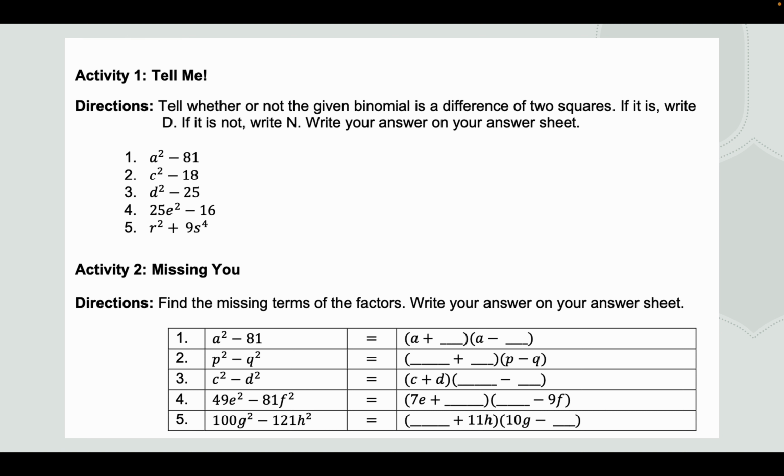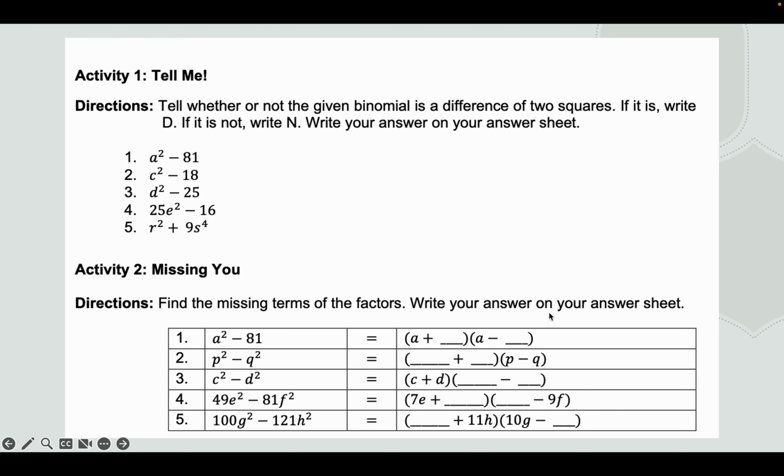Now, if you are my student, I want you to answer this one in your notebook. Activity number 1, Tell Me. You need to identify whether or not the given binomial is a difference of two squares. Write D if it is, and if not, write N. Activity number 2, Missing You, find the missing terms of the factors.